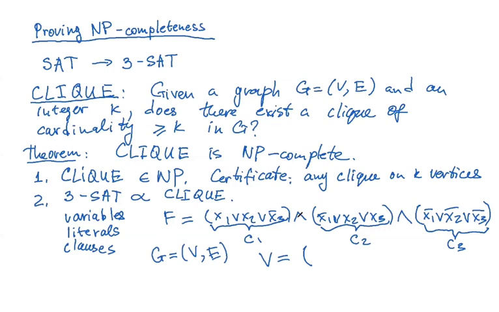We need to make sure that assigning some literal to be true in one of the clauses doesn't contradict assigning one of the literals to be true in the other clause. Then we can call them compatible, or adjacent, in our graph. So essentially, we need to take into account all the literals that we have in the clause.